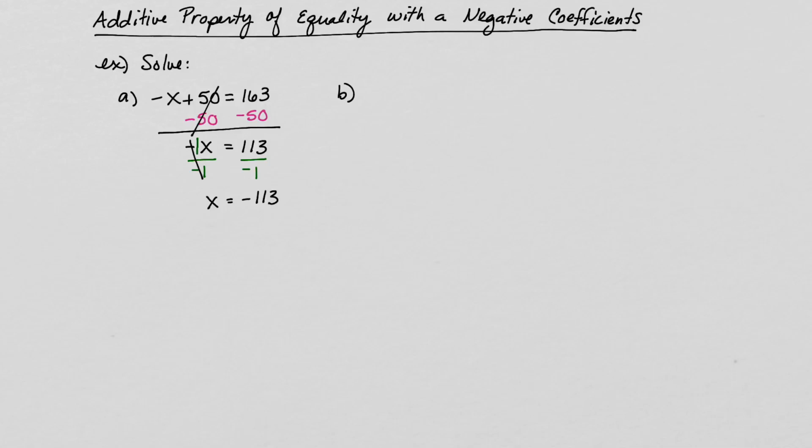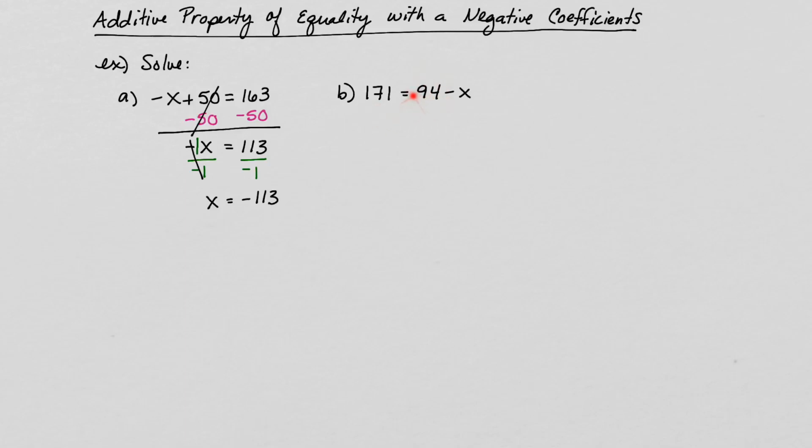So let's look at another example. Here I have 171 is equal to 94 minus x. So again, I want to get x by itself. There's this minus sign, there's this 94. Both of them somehow have to go away. So I'm going to deal with the 94 first. I want to move it to the other side.